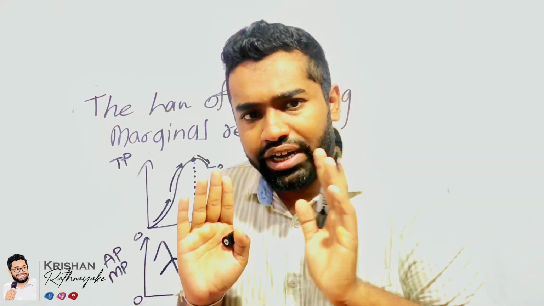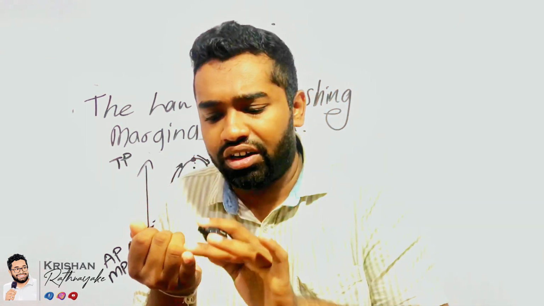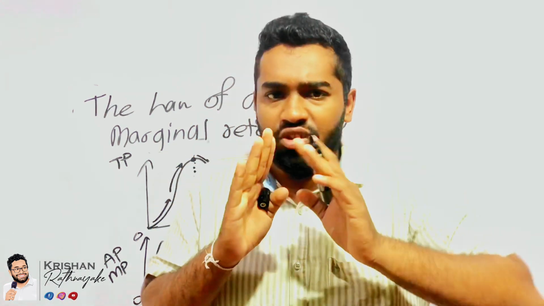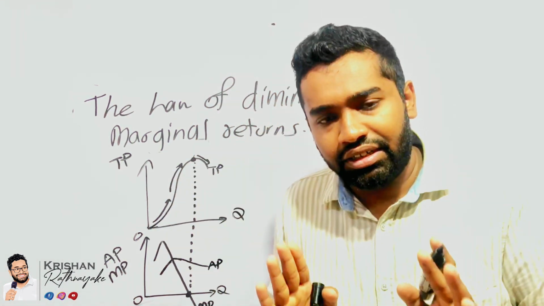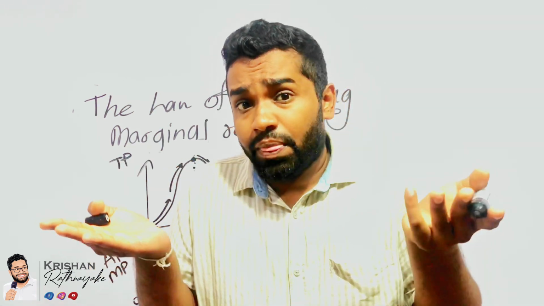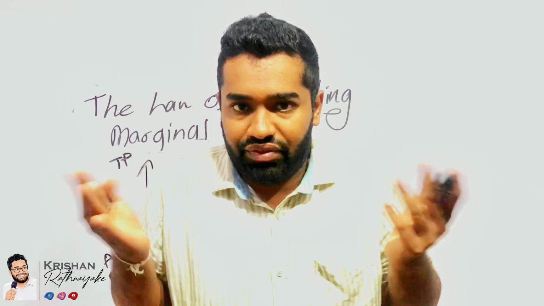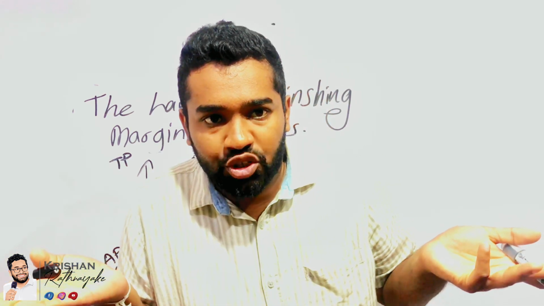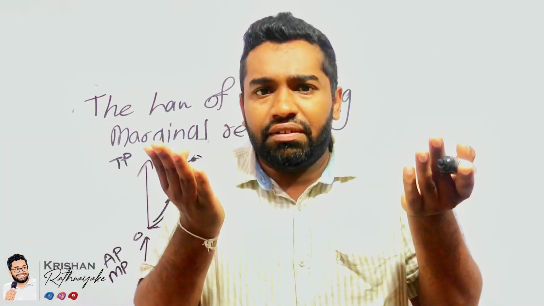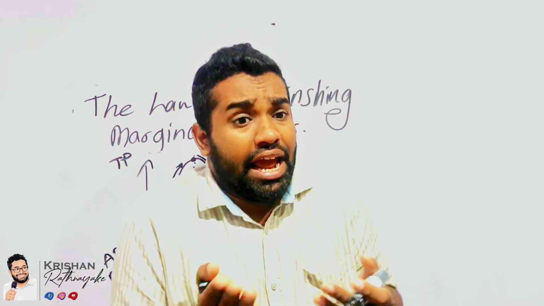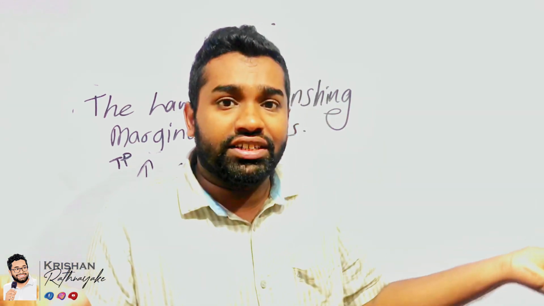This is how to identify the behavior of the total product, average product and marginal product curves. So we know this behavior, but we need to identify the law of diminishing marginal returns through this graph. We can identify the law of diminishing marginal returns in the short run. We keep some factors constant and we change the other factors.